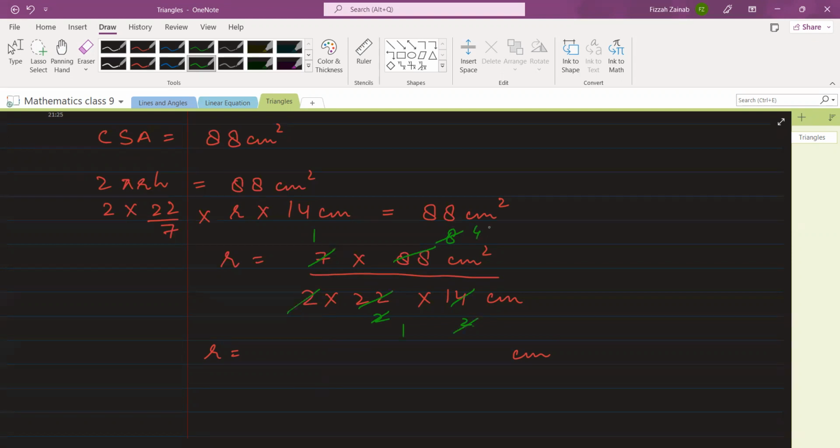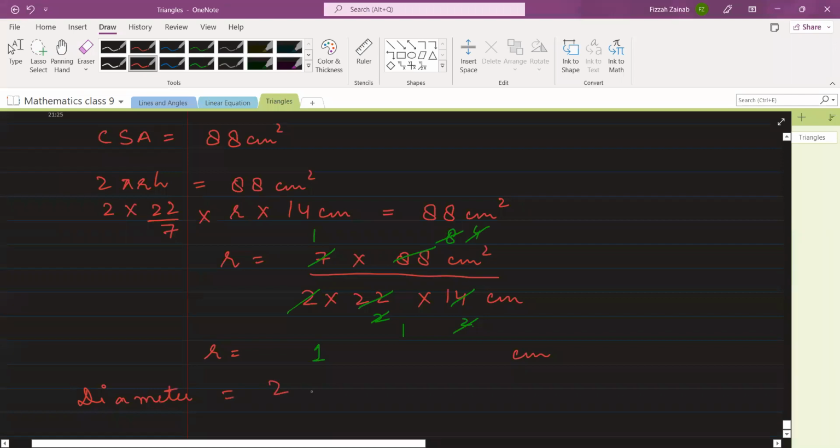Everything will get cancelled out here. So radius is 1 centimeter. You can check your calculation. Now you have to find diameter. Diameter is 2 into radius. So 2 into 1 centimeter, that is 2 centimeter. Diameter of base.